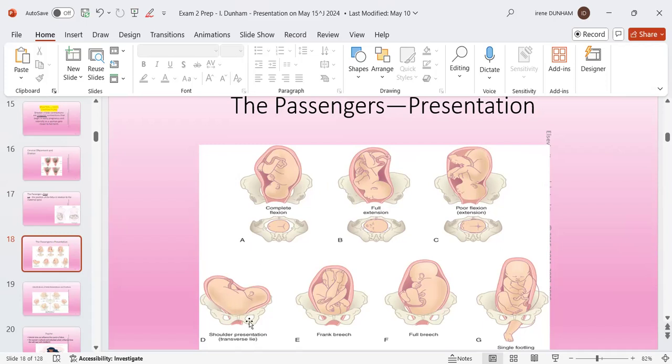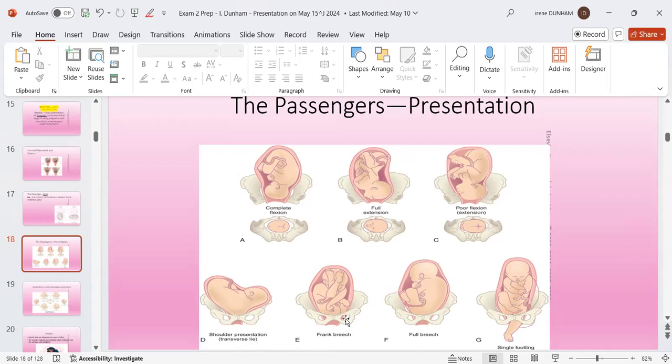Okay. Now this baby here is in a shoulder presentation, and so his shoulder. This would be a C-section, and then you have Mr. Frank Breech, and he has got his toes up by his head. Okay. And then you have a full breech, and he's nicely tucked, but guess what's presenting in both of these?